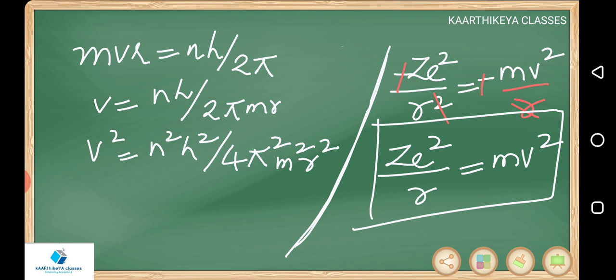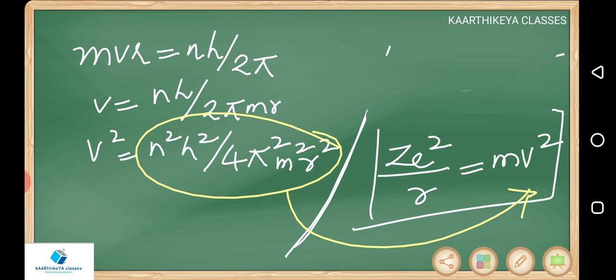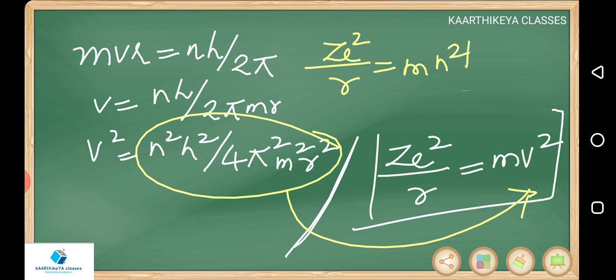This value, whatever we are getting, you substitute here. When you substitute, what will you get? Z e square by r is equal to m into n square h square by 4 pi square m square r square.